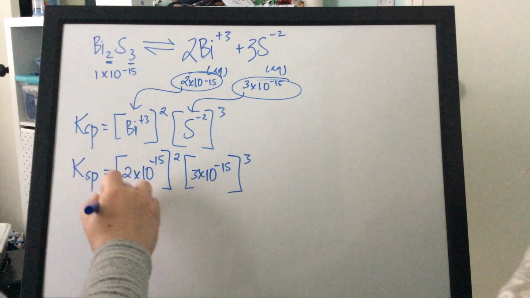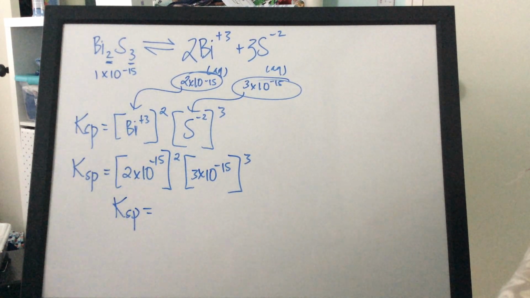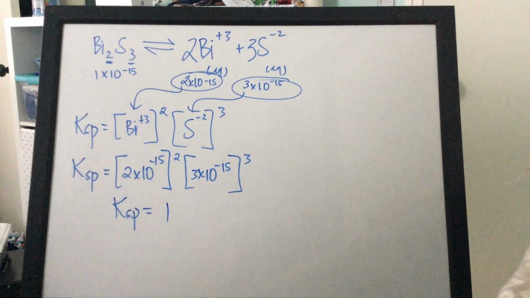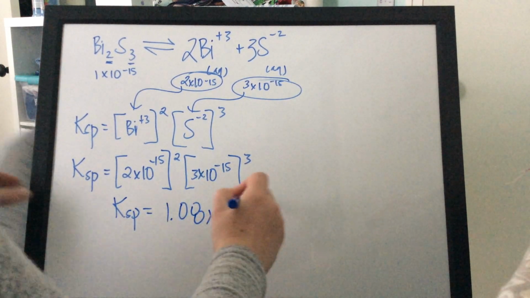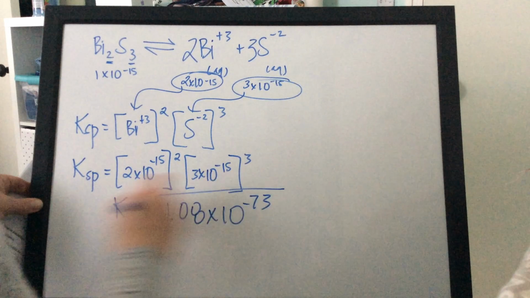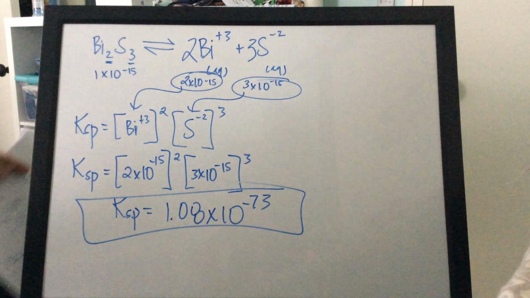But assuming we evaluate this correctly on the calculator, we get a very small number, something along the lines of 1.08 times 10 to the negative 73rd in terms of the Ksp of this substance. Okay, so that's how you can calculate a Ksp if they give you a molar solubility. It's pretty simple.